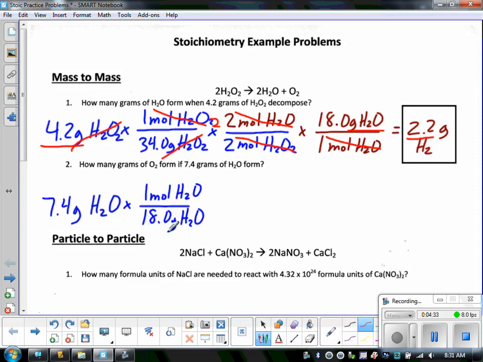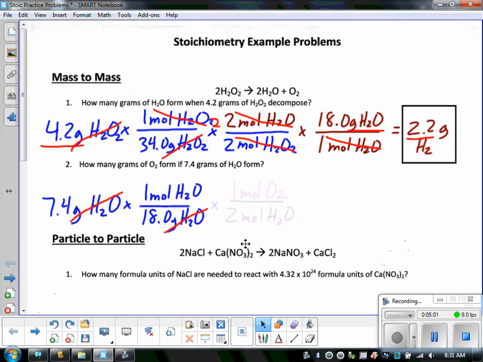There's 18.0 grams of water as the molar mass. So grams of water cancel out, and we would now be in moles of water. If you did 7.4 divided by 18, that gets you 0.41. So right now we know there's 0.41 moles of water that would be produced from this reaction.